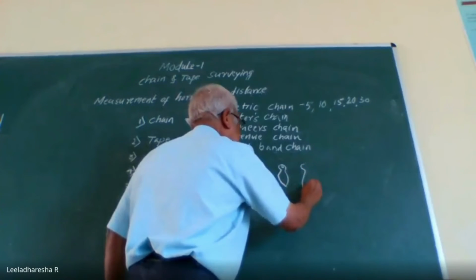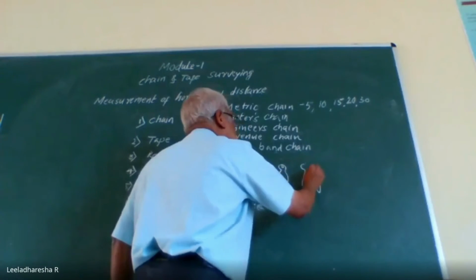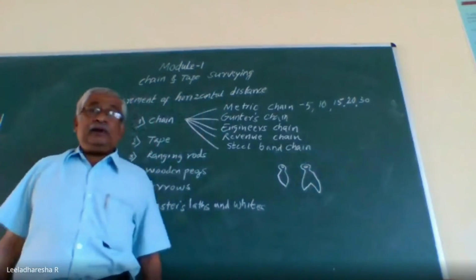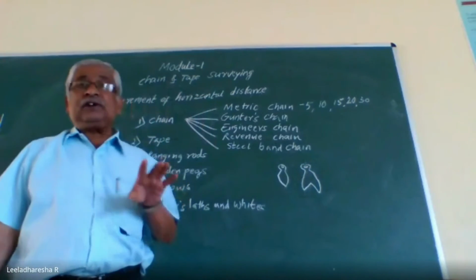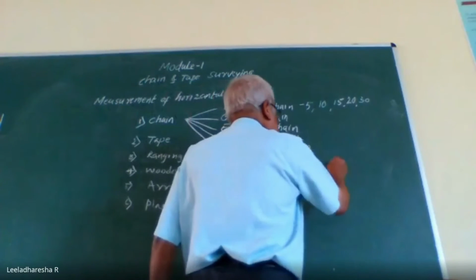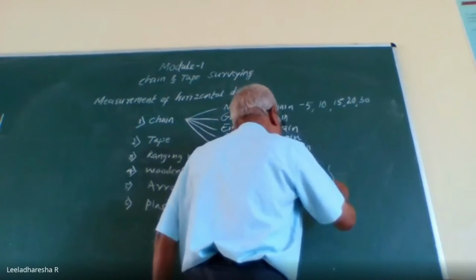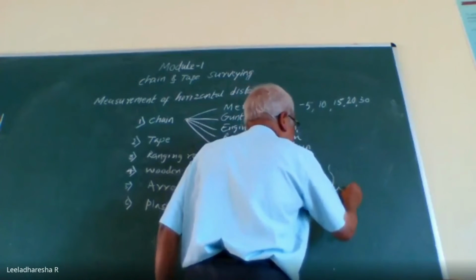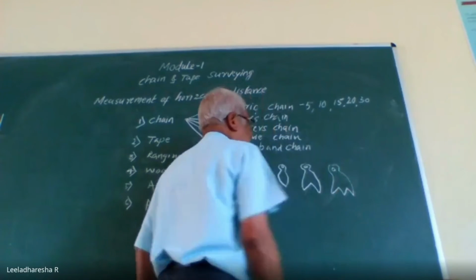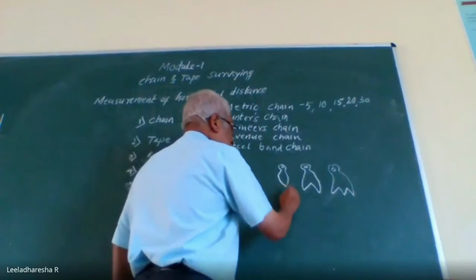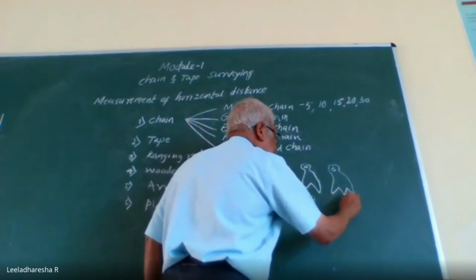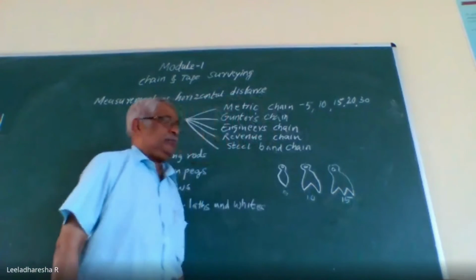At 10 meter, you find a leaf cut into 2 parts. And if it is a 30 meter length chain, you will find at 15 meters this particular brass ring with 3 cuts or 3 leaves. So this indicates 5 meter length, this indicates 10 meter, and this indicates 15.